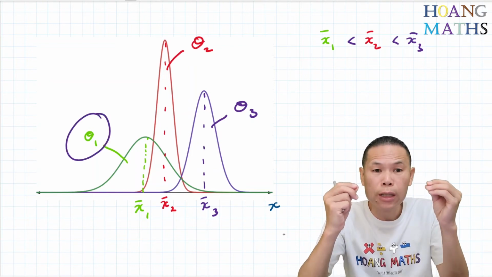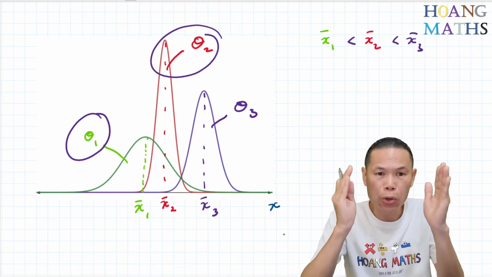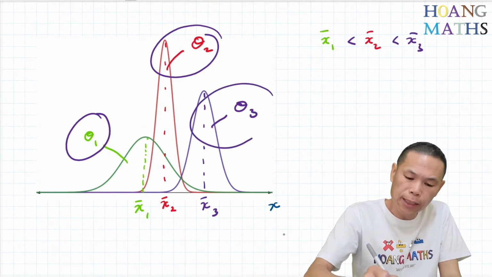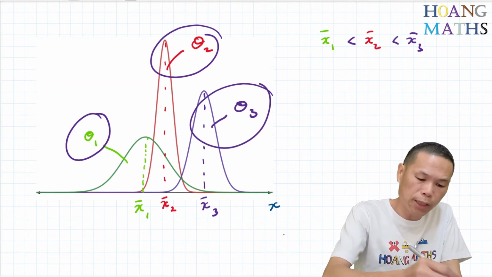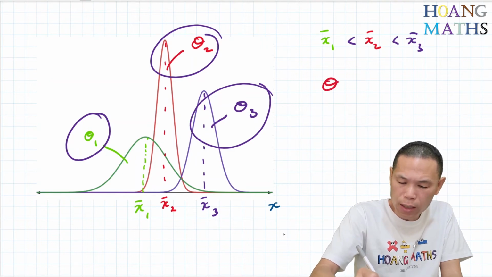And the smallest standard deviation is standard deviation 2 because it's narrower. So keep that in mind. And the second largest is this standard deviation. So let me just write this down. So the smallest standard deviation is the red bell curve.